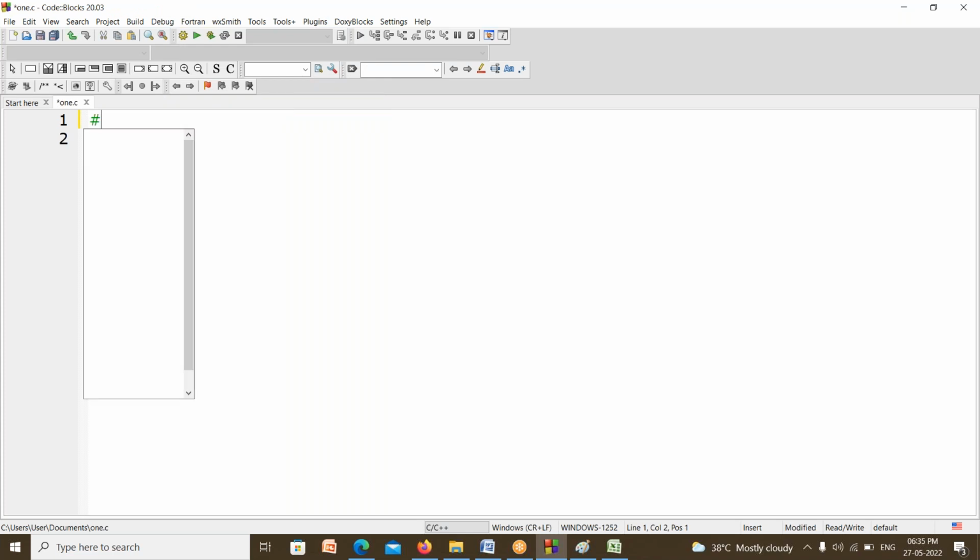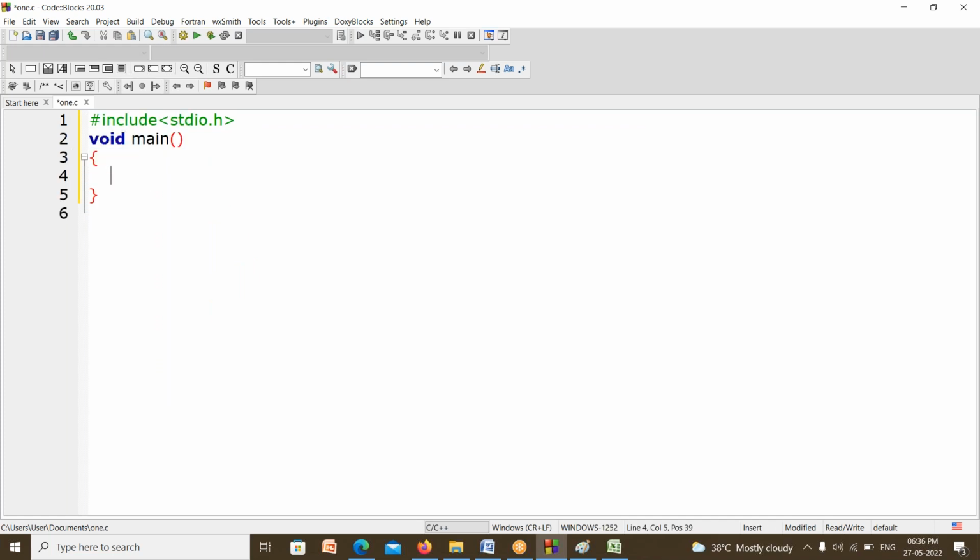I will write a program: #include <stdio.h>, void main. Here you have to take the n value, so an n variable. After that, we have to find the sum, means the result, r variable.